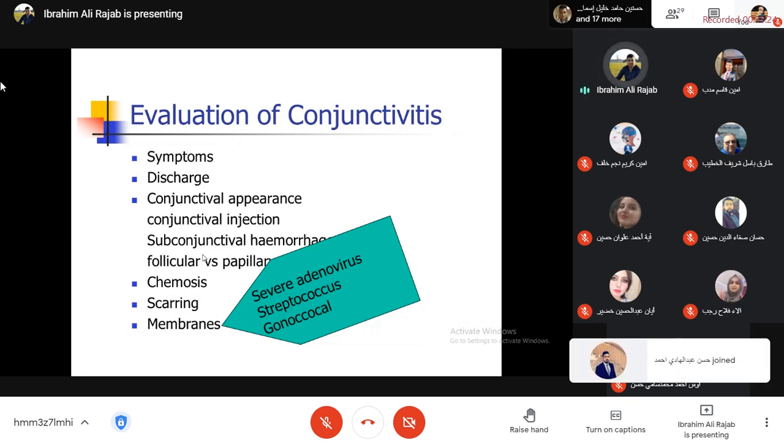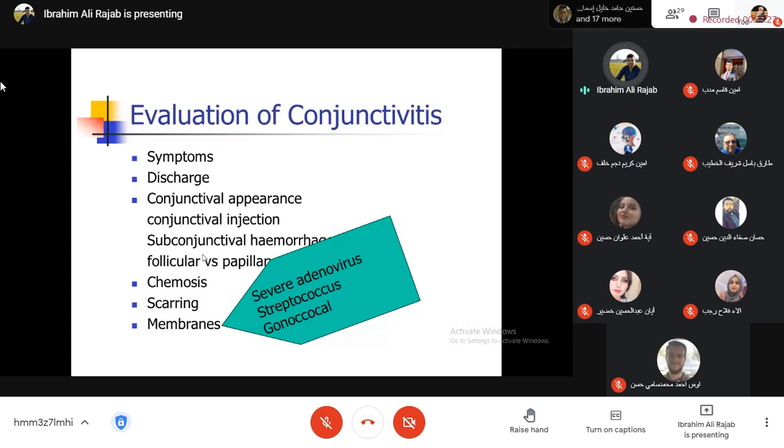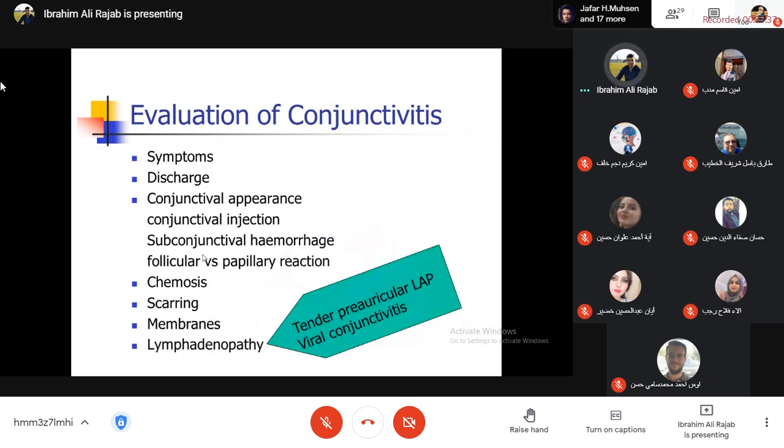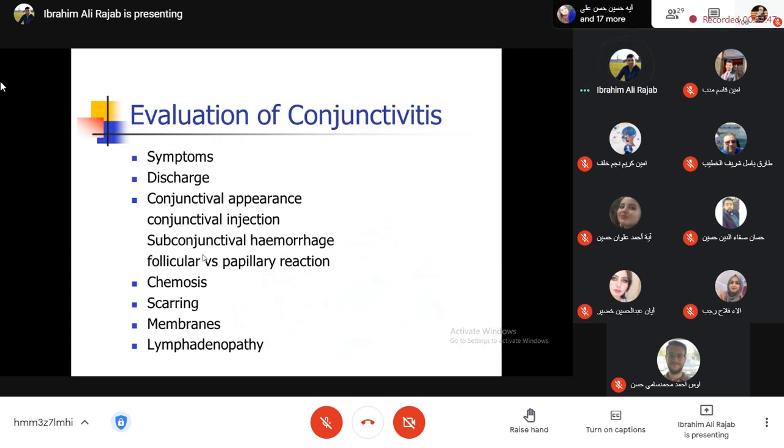This exudate and cellular debris may be caused by severe adenoviral conjunctivitis or bacterial, whether it is streptococcal or gonococcal conjunctivitis. Lymphadenopathy usually is caused by viral conjunctivitis. So when I collect the symptoms and the signs, I may reach the cause of conjunctivitis.